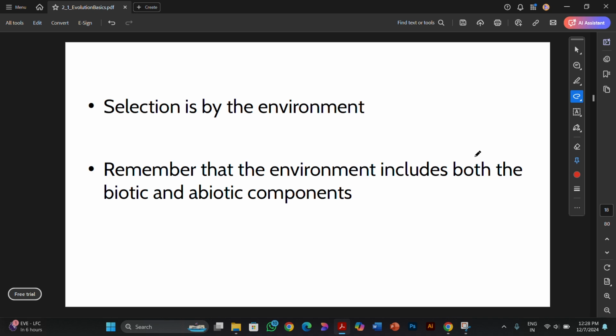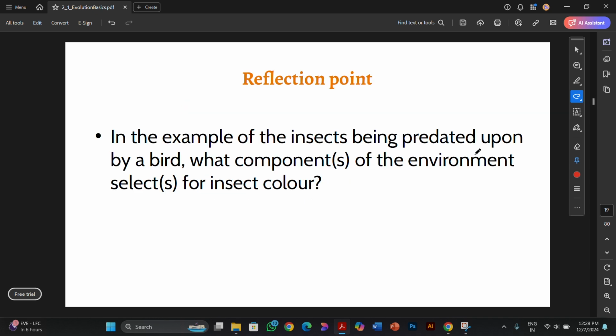Just go back to the video and check it. In that example, the selection was for insect color, right? You just go back to the example and verify that, it is an important thing.